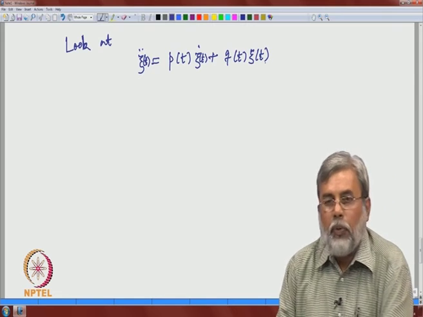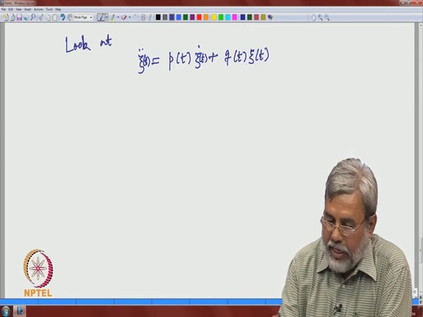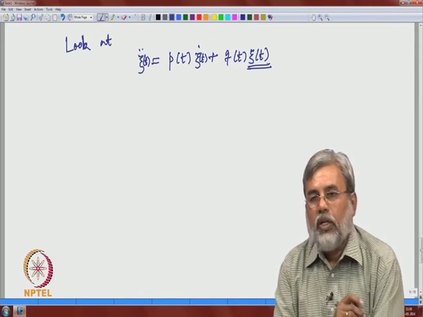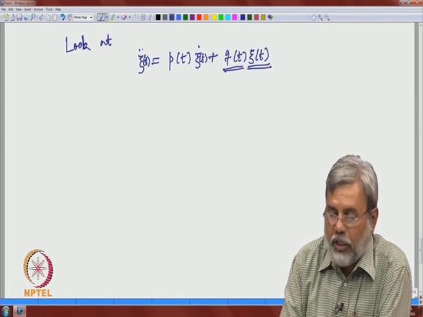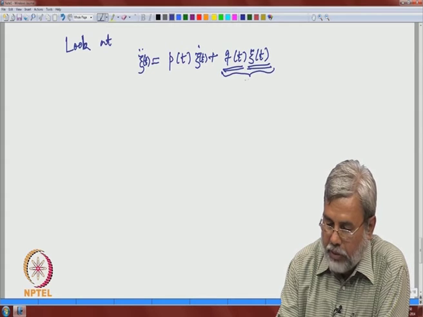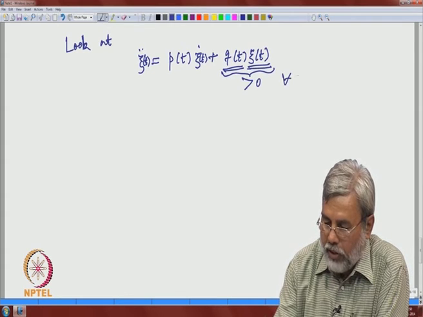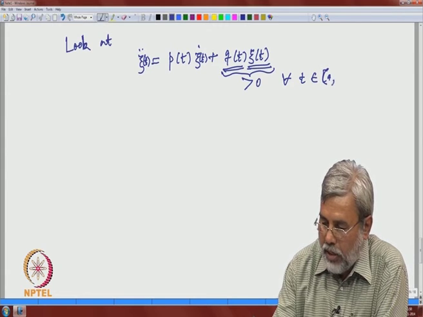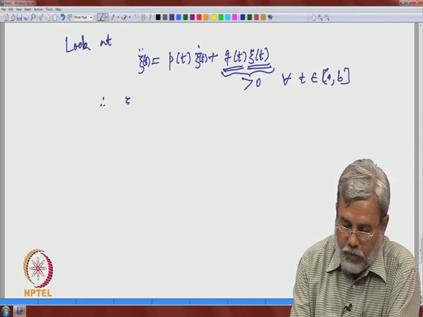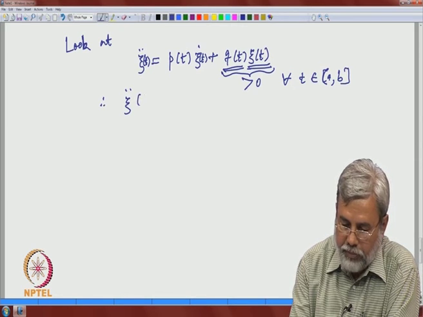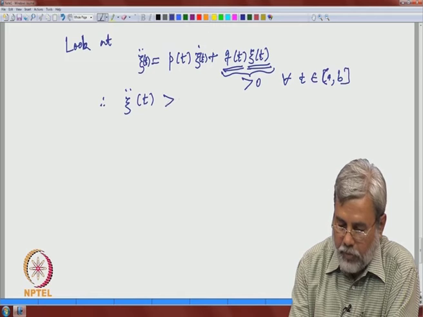And just now we have proved that this J(t) is positive up to B and Q is positive by assumption. So, this one is positive for all t in A. Okay. So, therefore, we have this inequality. We can put greater than or equal.